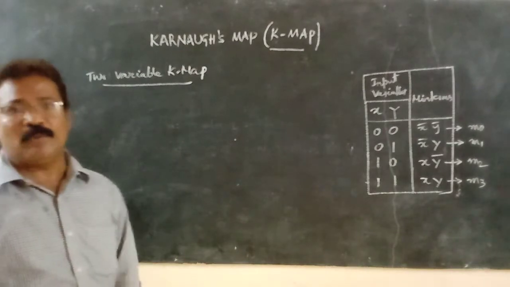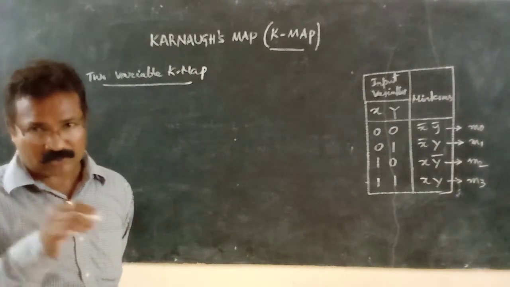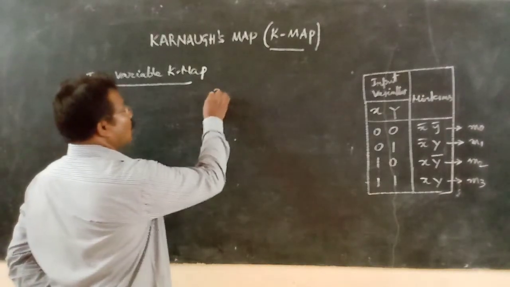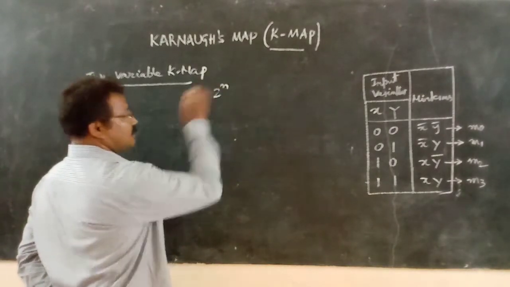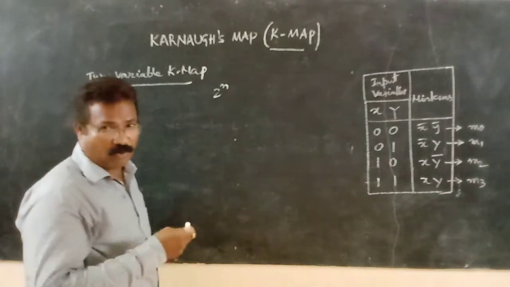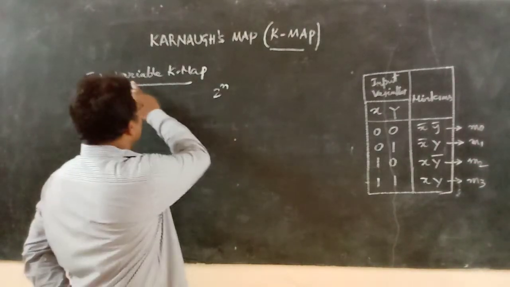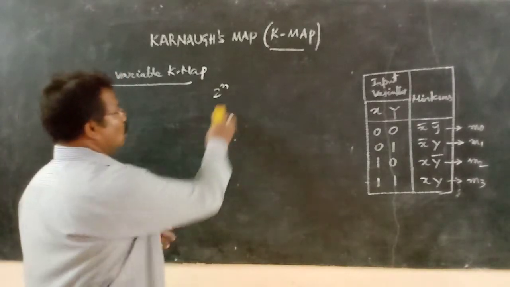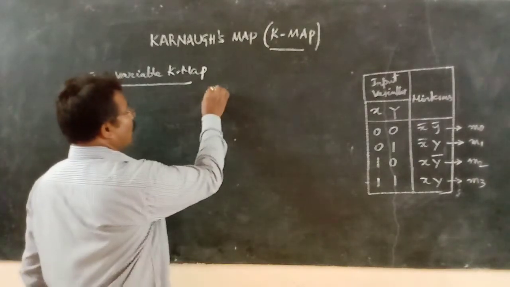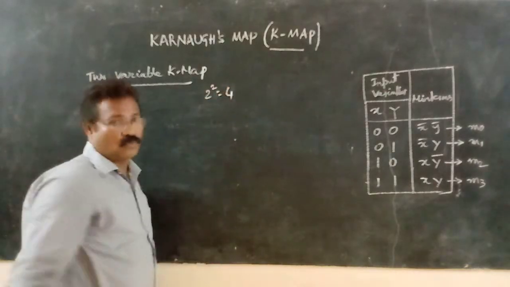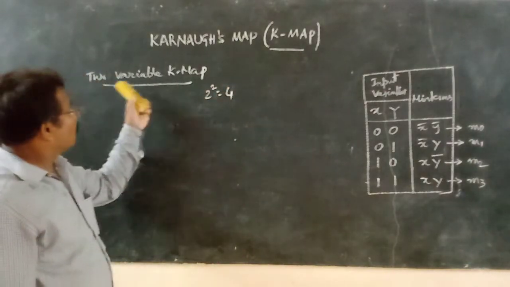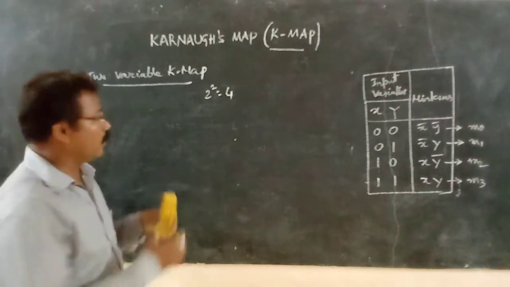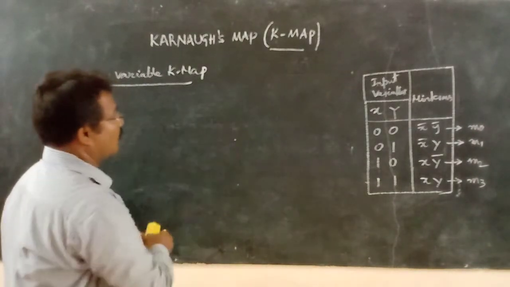In this two variable K-map, the number of squares can be obtained by using the formula 2 to the power of n. Here n is the number of input variables. It consists of two variables. Two variables means 2 to the power of 2, that is equal to 4 squares. So the two variable K-map consists of 4 squares.